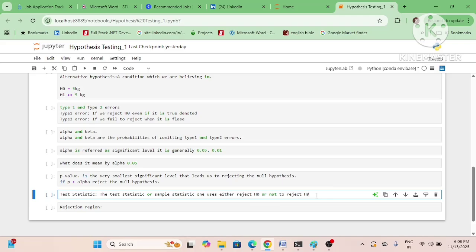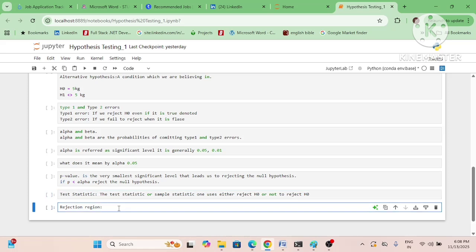For every hypothesis test there is a formula for the test statistic. If we calculate that, based on that we find some critical values. Based on the tail test, less than or greater than, we may reject or fail to reject the null hypothesis. So that's the test statistic.